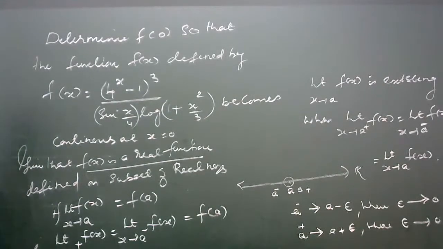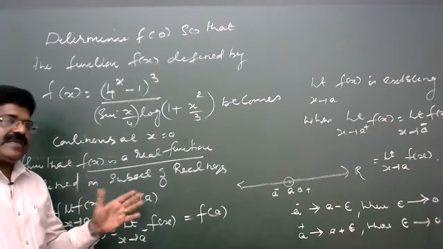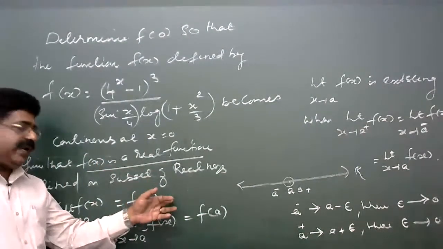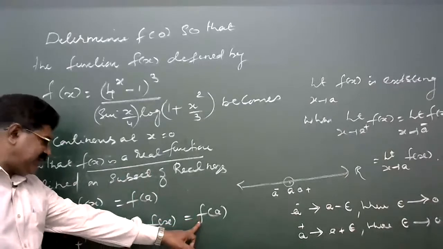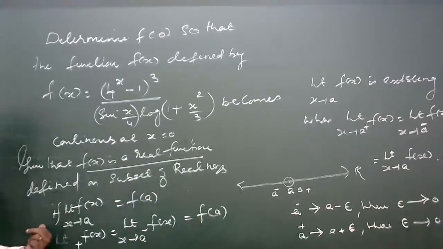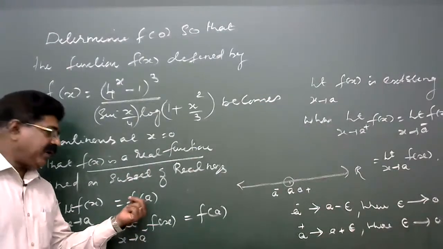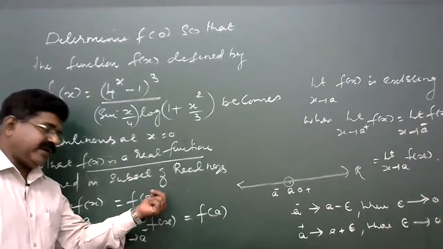Clear? A real function is continuous at a particular point x is equal to a means the limit of the function at the particular point a is equal to the value of the function at the particular point a. Correct?